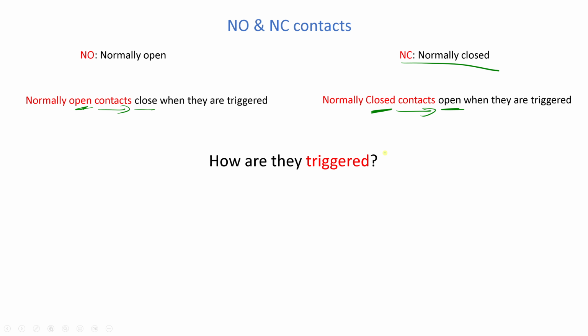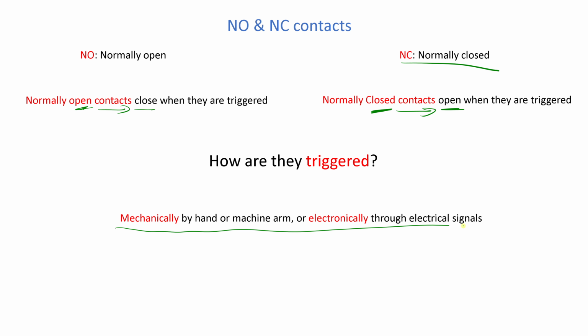So how are they triggered? They can be triggered mechanically, by hand or by a machine arm, robot arm, or anything like that, or electronically through electrical signals. And this is in an automated process. You will use either mechanical or electronic triggering to control this process or machine.